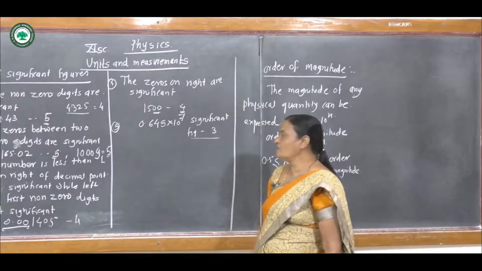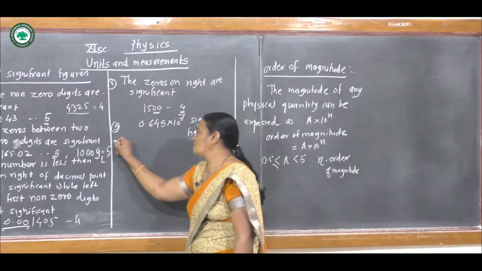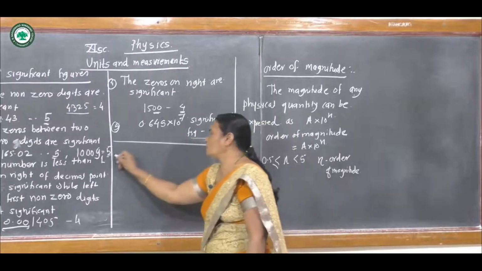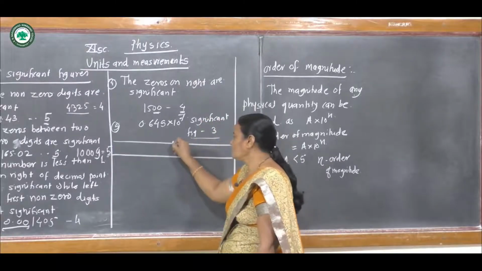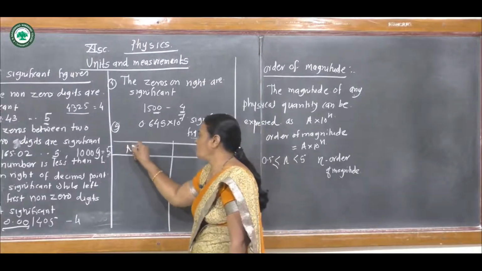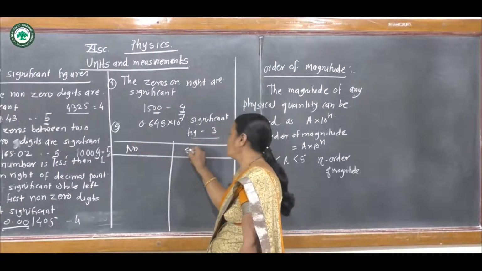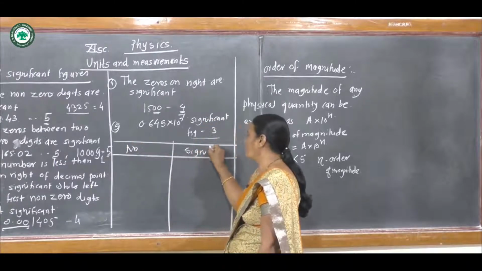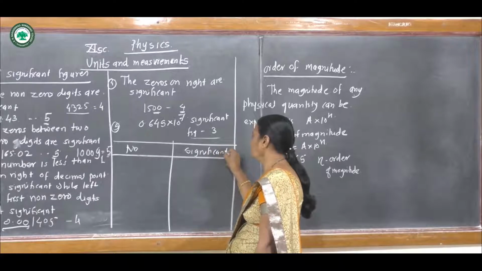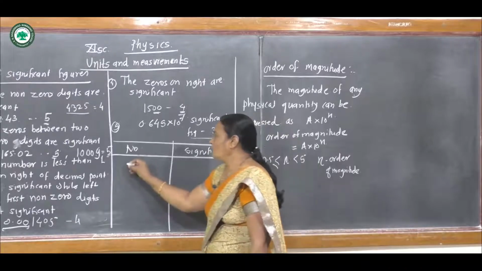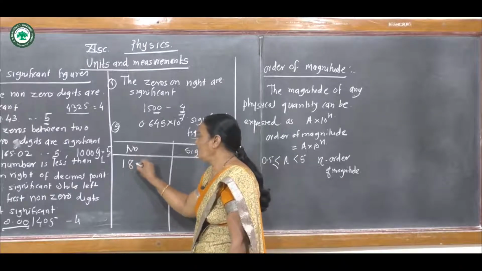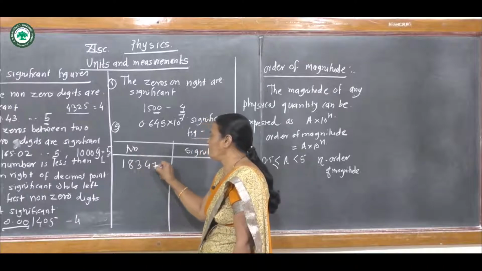Now we see some examples of numbers and significant figures. Suppose the number is 183478.